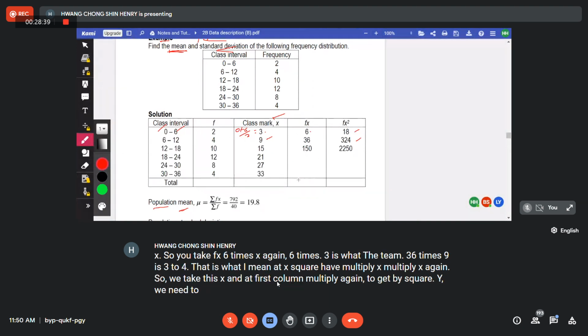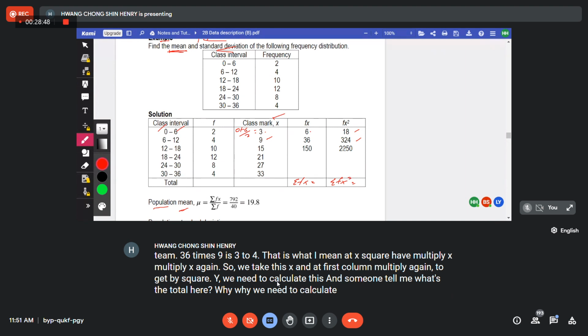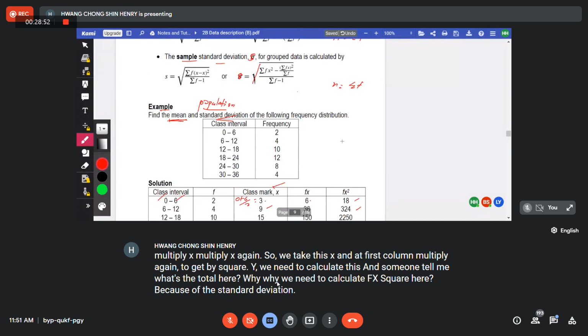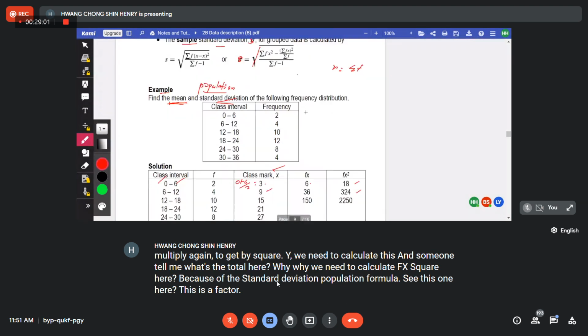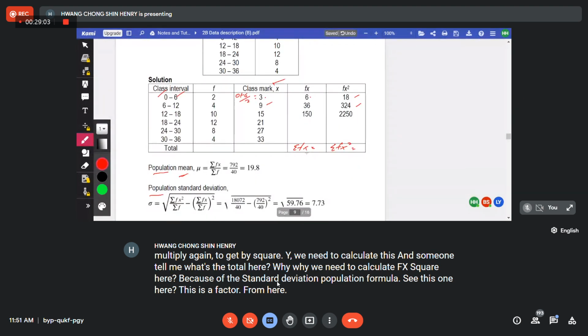Why do we need to calculate this? Can someone tell me what's the total here? Why do we need to calculate fx squared here? Because of the standard deviation population formula. See this one here? This is the fx from here, and this is your fx squared.